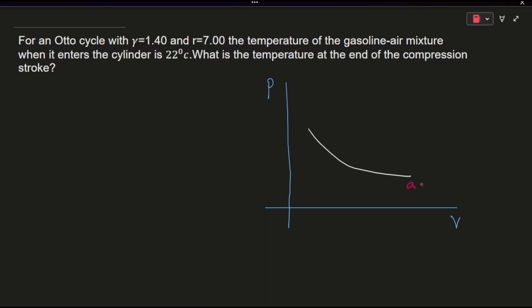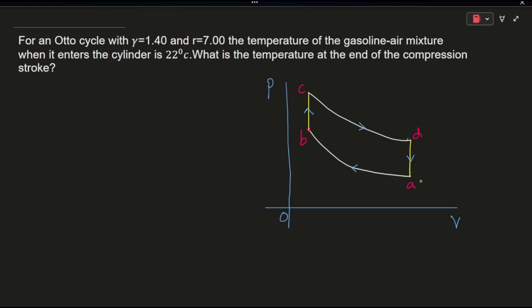Now, we start at A. These are points B. We consider this as our point C and our point D. Here is 0, and this is the direction of the cycle.